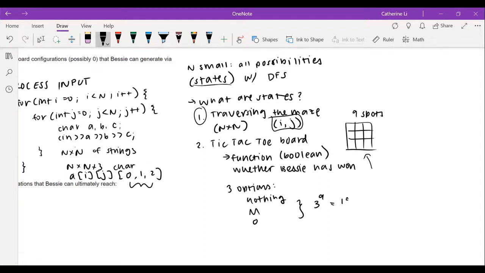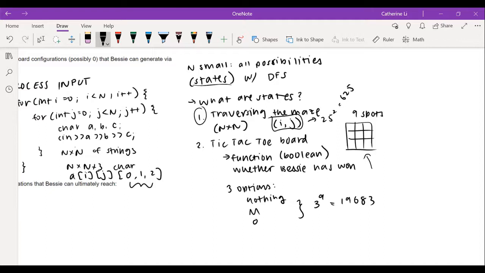And this is equal to about 20,000. For this one, i and j each have at most 25 possibilities, so 25 squared, which is 625. So overall, 625 times 19683 is about 1.2 times 10 to the 7th.